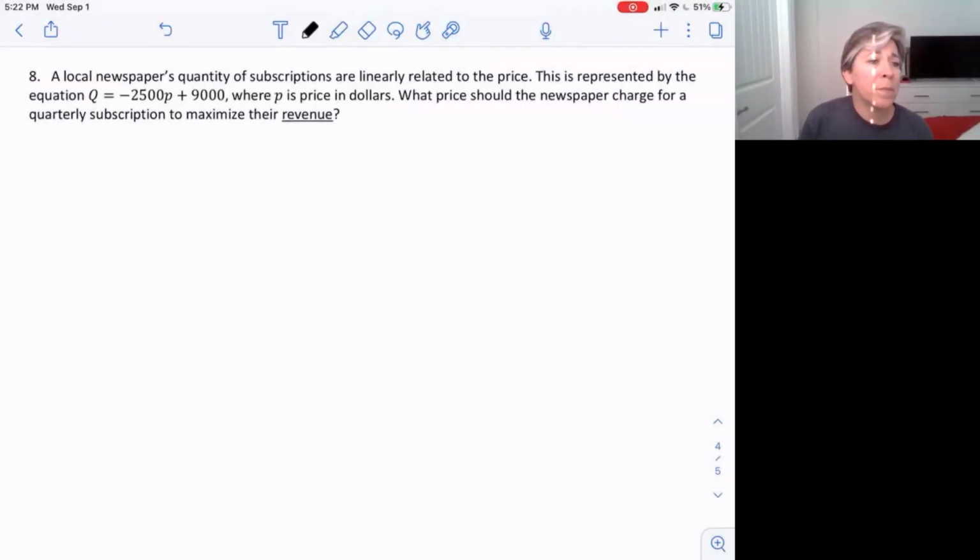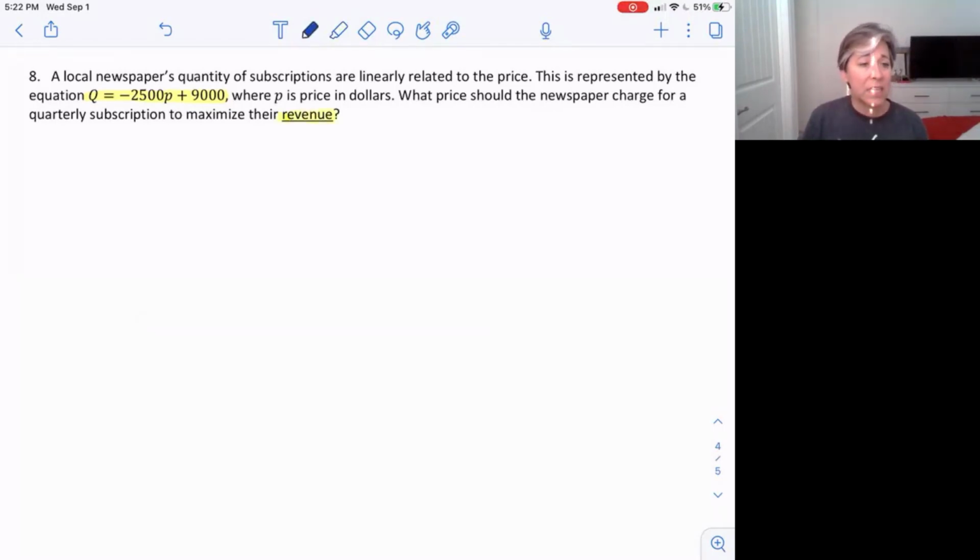The next problem says a local newspaper's quantity of subscriptions is linearly related to the price. This is represented by the equation Q equals negative 2,500p plus 9,000, where p is the price in dollars. They want to know what price the newspaper should charge for a quarterly subscription to maximize their revenue.